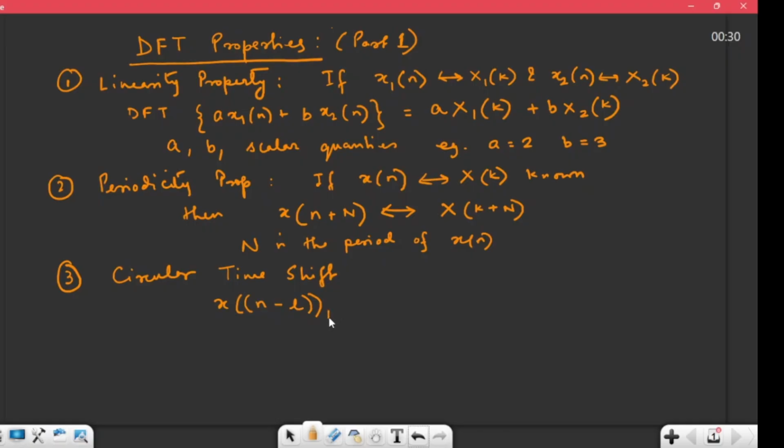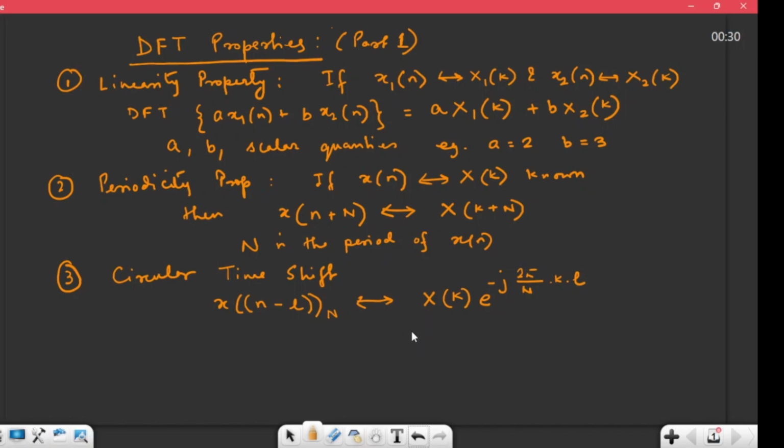The time domain sequence is circularly shifted by L divisions anti-clockwise, if L is positive. How does it reflect in the frequency domain? The DFT X(k) is multiplied by a phase factor, e to the power minus 2 pi by N into k into L.